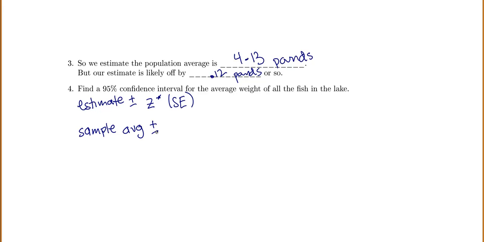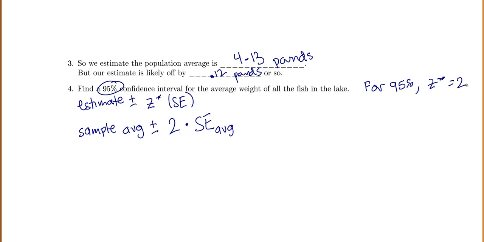Plus or minus. Now, for a 95%, we know that for 95%, we go out 2 standard errors. That's something we've been doing since the beginning of the semester. And it's the standard error for our average, specifically because we're talking about averages. So I'm just going to make a note for 95%, we use z star equals 2. Since we memorized a long time ago that for 95% you can go out 2 standard errors.